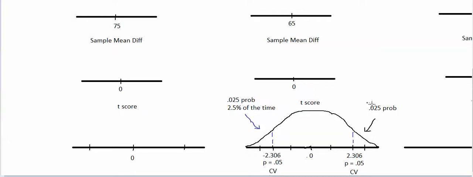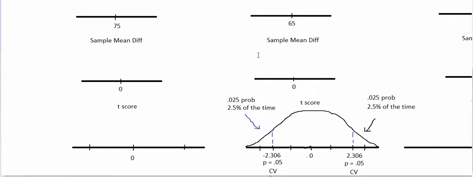It's also 2.5% for this tail. So the t-score will reach this negative critical value and land somewhere in this tail 2.5% of the time, and it will reach the positive critical value and land in this tail 2.5% of the time.